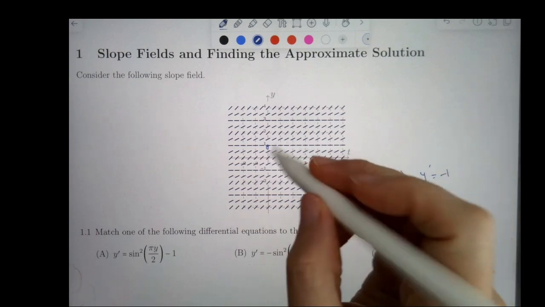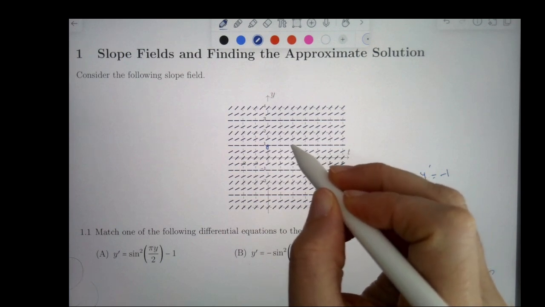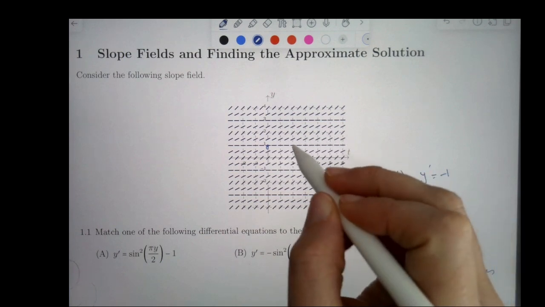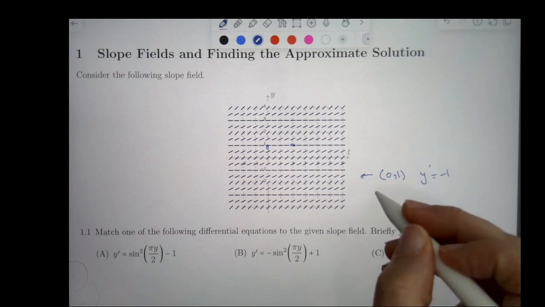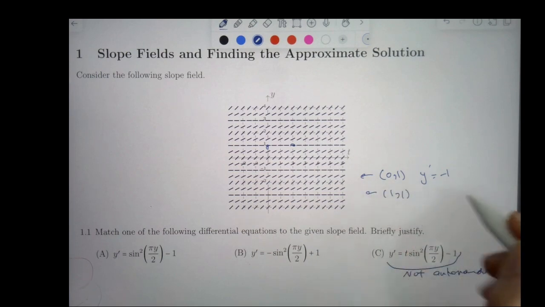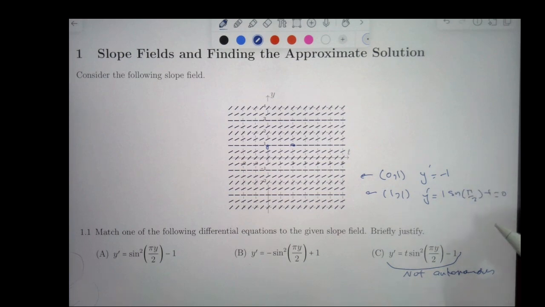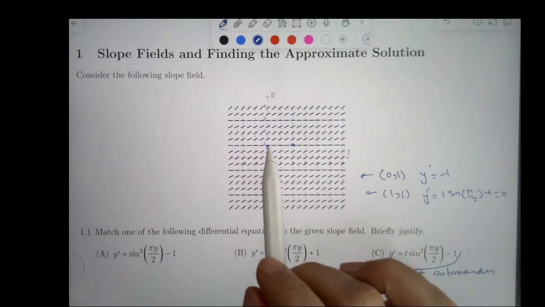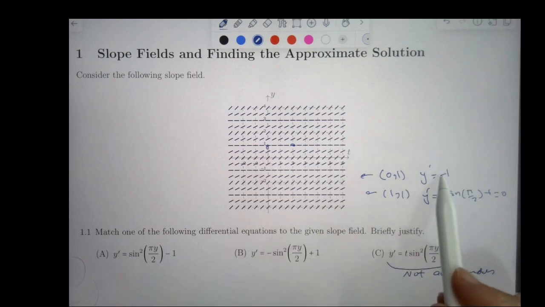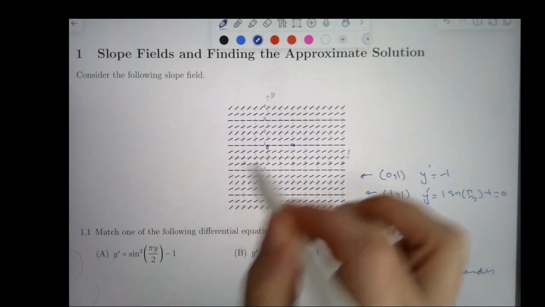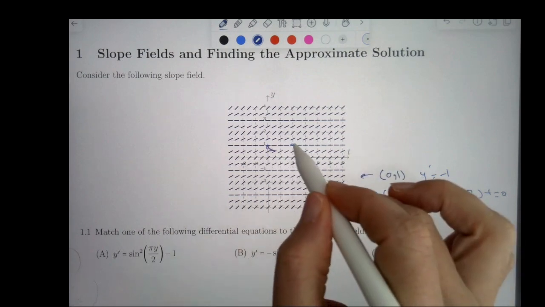And then if I move a little further, let's say at 1 and 1, again on the horizontal line, I plug in, I get y prime is equal to 1 times sine of pi half minus 1, which is 0. In this case, if this was the function, here we should have had a negative slope and then 0.